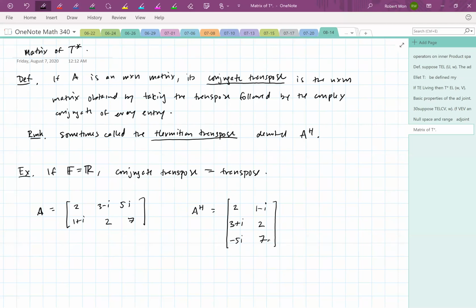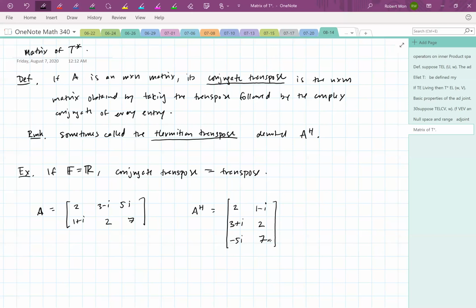For that reason, sometimes people denote the conjugate transpose with a star, just like the adjoint. The problem with mathematics is that there are so many different notations, and some of them overlap, and some of them conflict. So the notation you use is often very local. In this class, we're using star to mean adjoint, and we're not giving any notation for conjugate transpose.